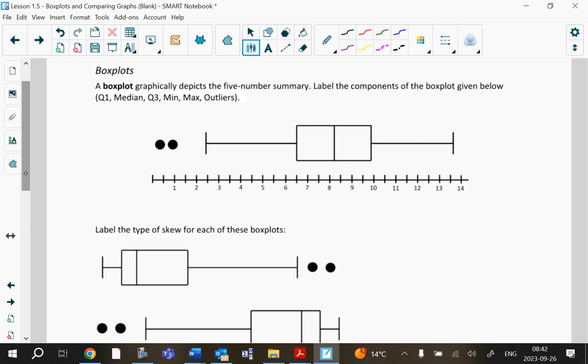I'll use red. Q1 is going to be the left-hand side of the rectangle of the box plot. So this value here is going to be Q1, and if we go down to the graph, in this case it would be 6.5.